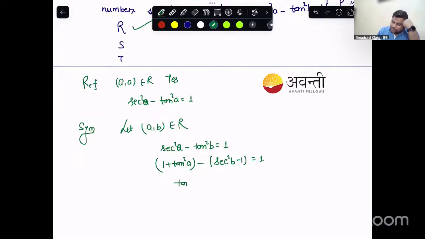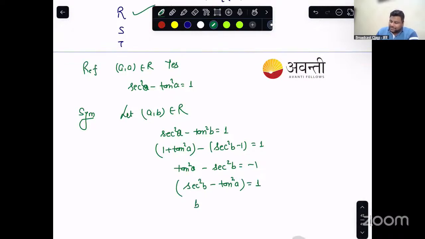So this comes out to be tan square A minus sec square B equals minus 1. If you multiply it with a negative sign, it will become sec square B minus tan square A equals 1. Correct? That means (B, A) also belongs to the relation. Am I correct? So this is symmetric.